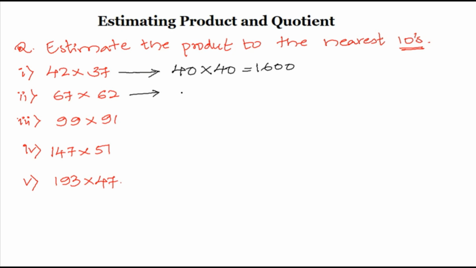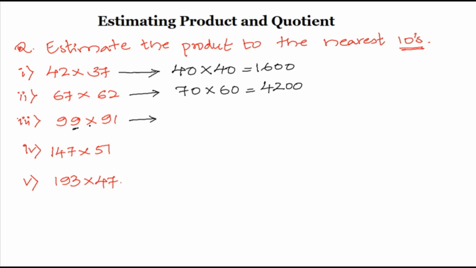This 67, when you round off to the nearest tens, it will become 70 multiplied by 62. It becomes 60. So the product is 4200. 99. Look at the digit at units place.